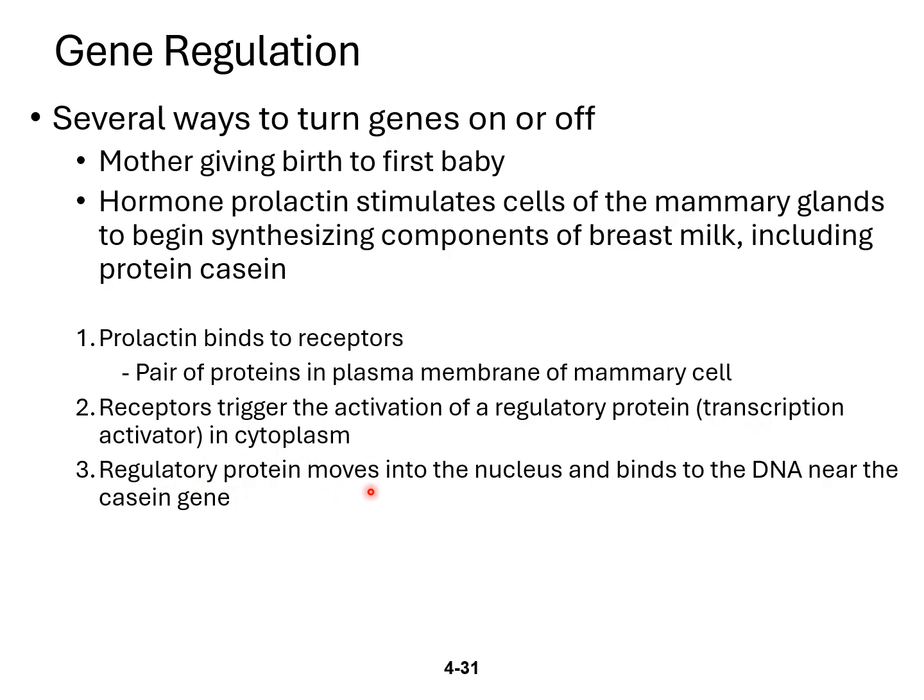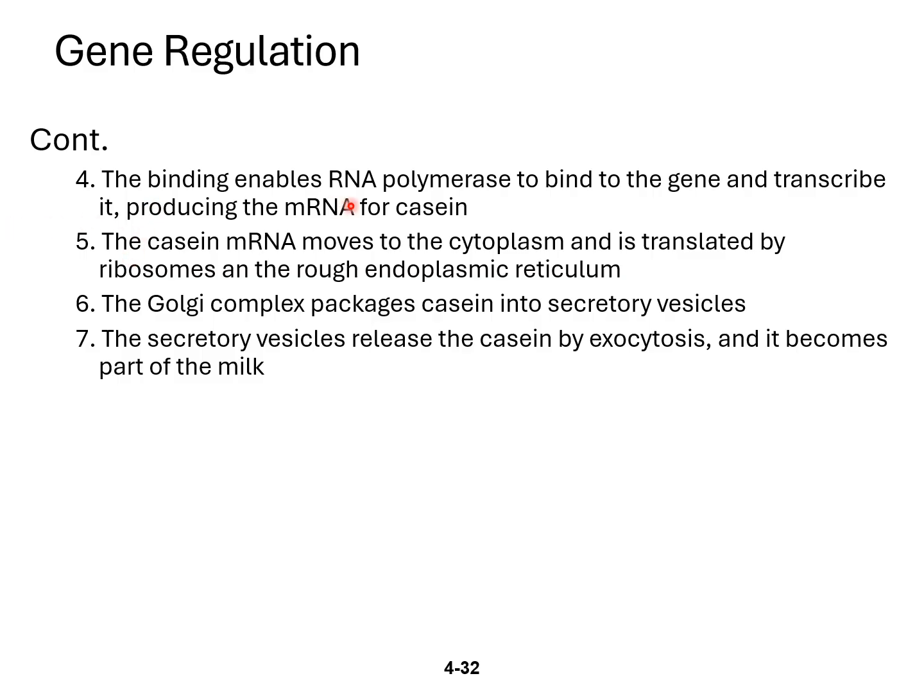This regulatory protein moves into the nucleus and binds to the DNA near the casein gene. This binding enables RNA polymerase to bind to the gene and transcribe it, producing the messenger RNA for casein. Casein messenger RNA moves into the cytoplasm and is translated by ribosomes on the rough endoplasmic reticulum. The Golgi complex packages casein into secretory vesicles. The secretory vesicles release the casein by exocytosis and it becomes part of milk.